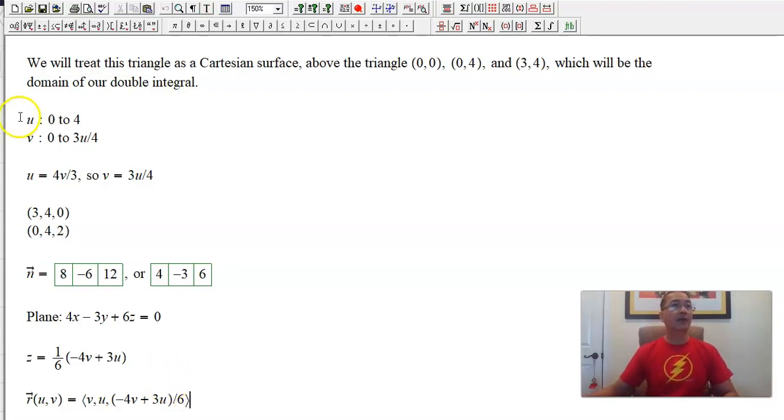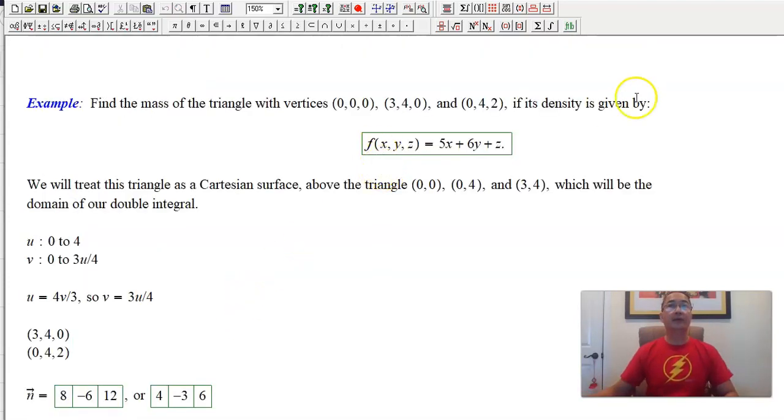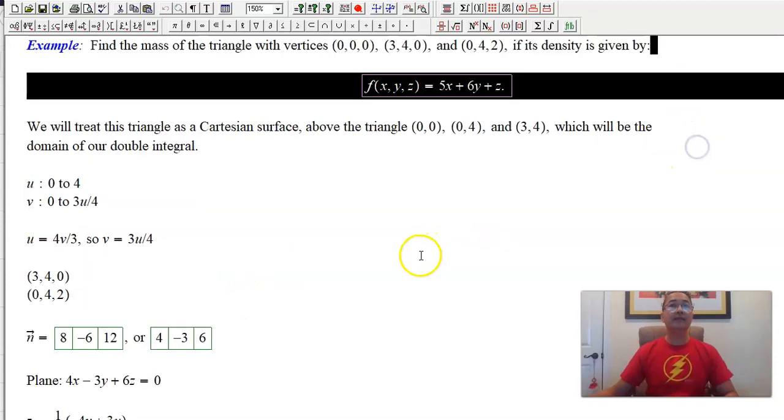And this is our domain. I'm just going to copy that down. Okay, so we are ready now to plug in the density.